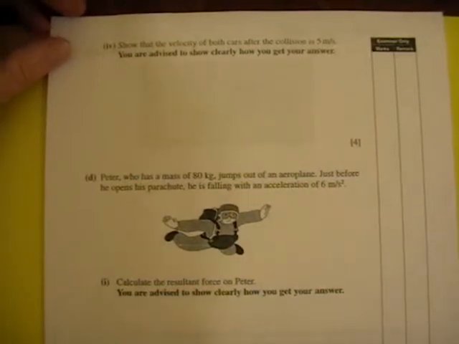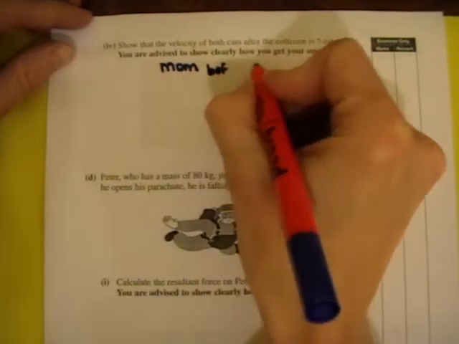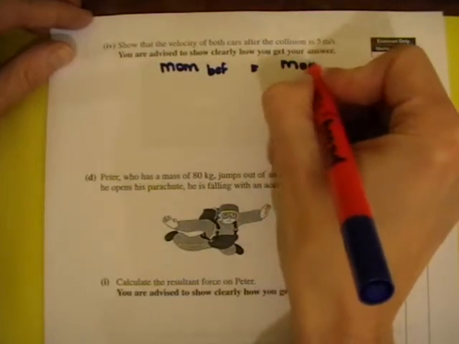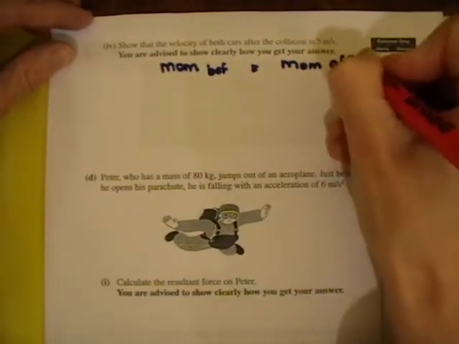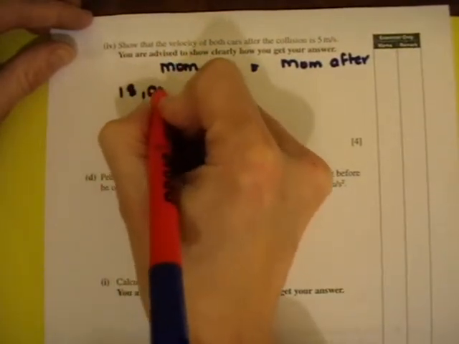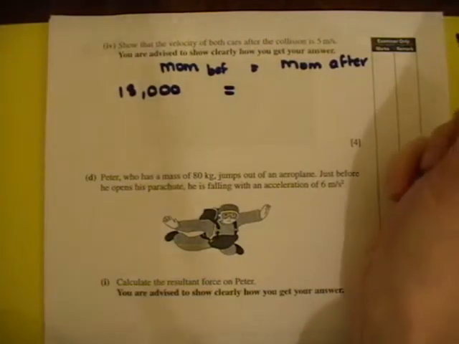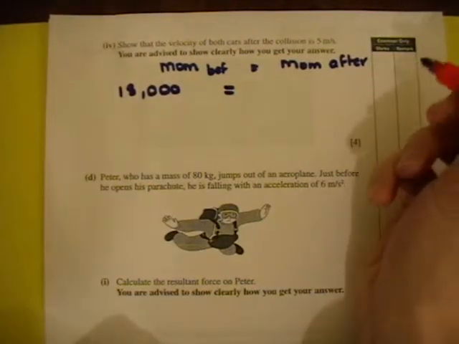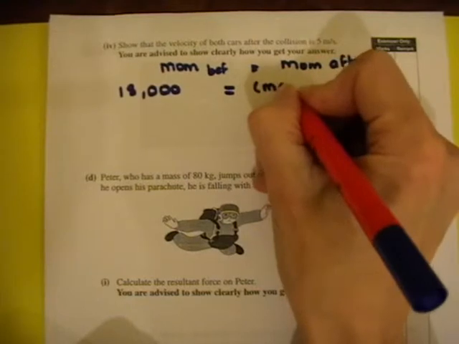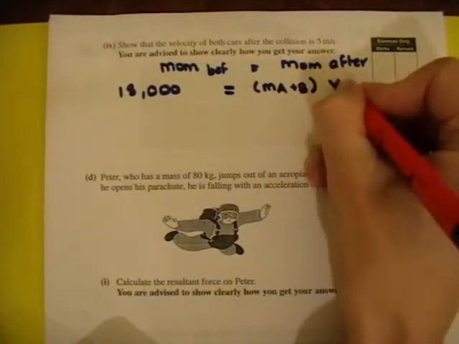Show that the velocity of both cars after the collision is 5 metres per second. So we know that the momentum before is equal to the momentum after. And we've already got an answer for it. The momentum before is 18,000 kilogram metres per second. Now, the momentum afterwards is a mass of A plus B, because they've stuck together, times their common velocity.